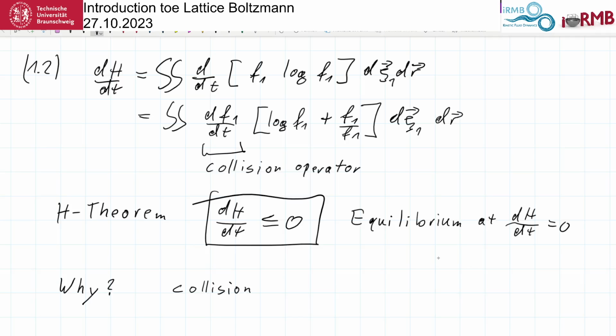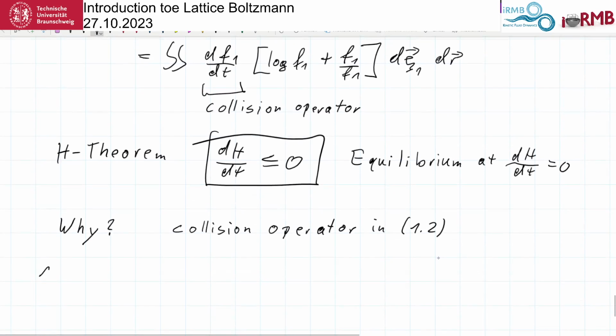So we identified that in 1.2 there is the collision operator, yeah? So let's put the collision operator into it. So this gives us equation 1.3, d eta by dt. Now the collision operator comes in.